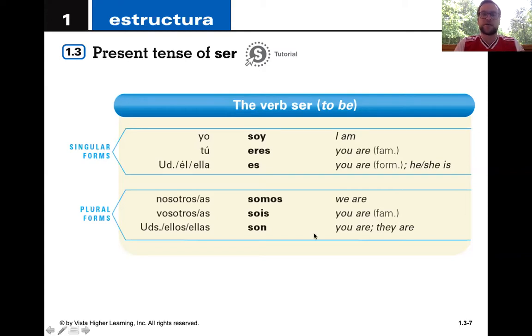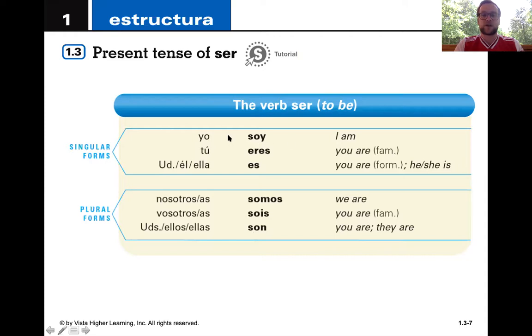Okay, muy bien. Now, the majority of us are probably from Georgia, right? So we would say, somos de Georgia. Nosotros somos de Georgia. We are from Georgia. Okay, so somos. And then ustedes, ellos, ellas, you all, they, masculine, they, feminine. ¿De dónde son ellas? Ellas son de Indiana.